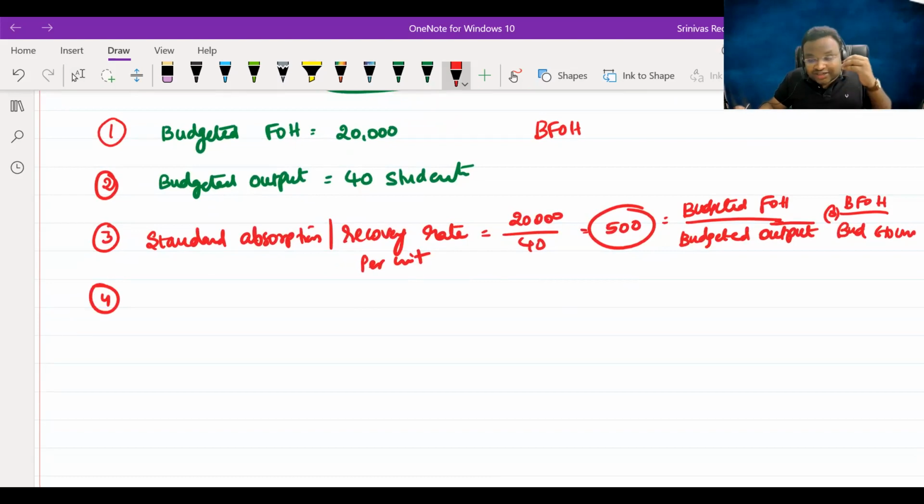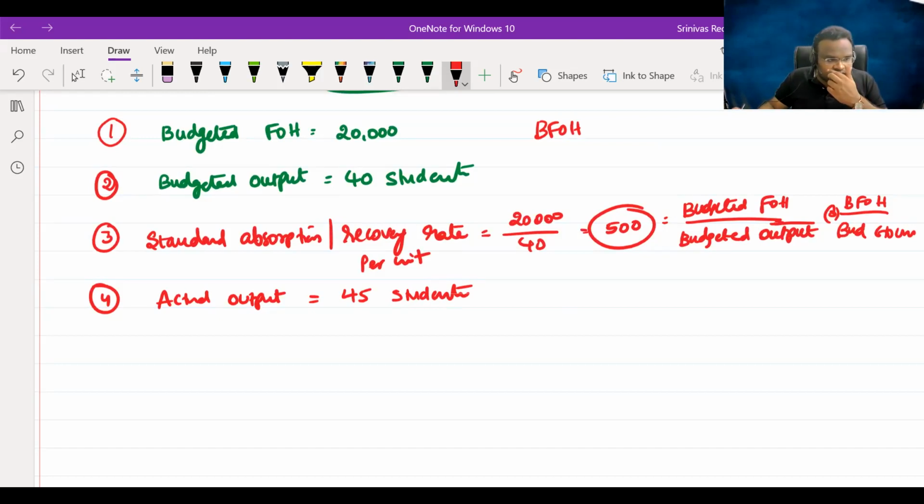Based on the actual information, the actual output, meaning actual students, turned out to be 45 students.